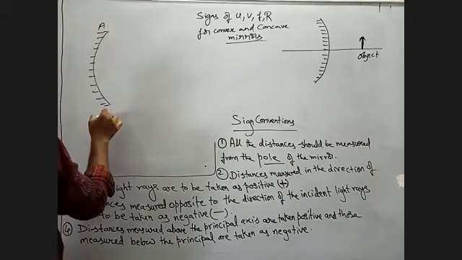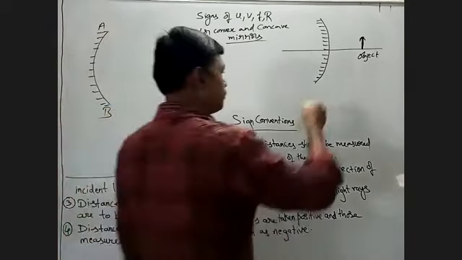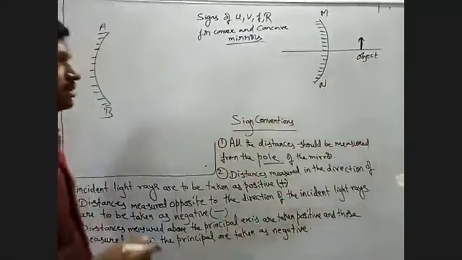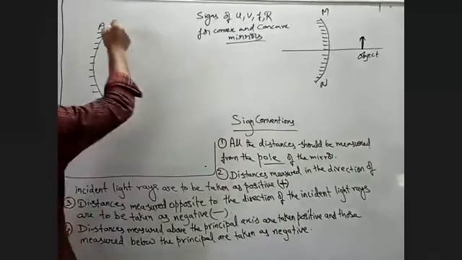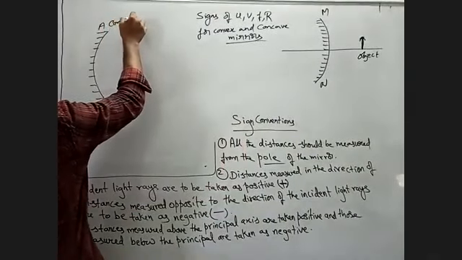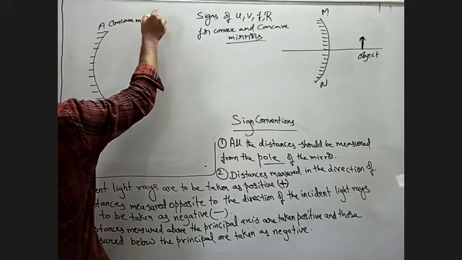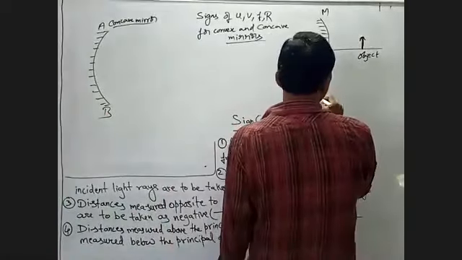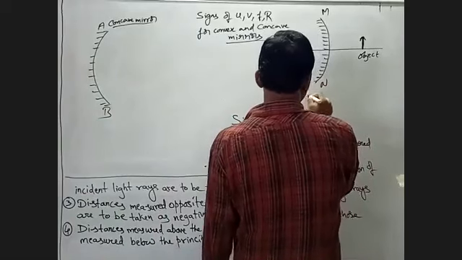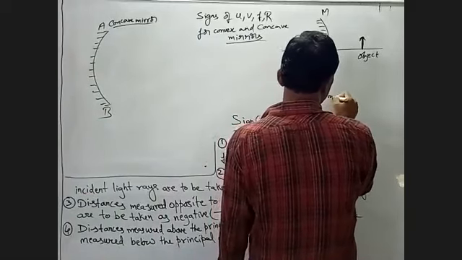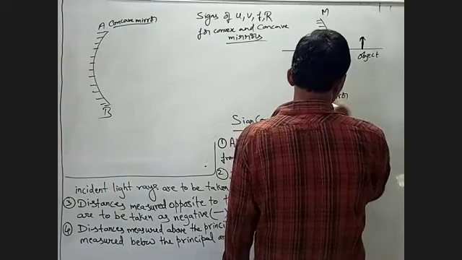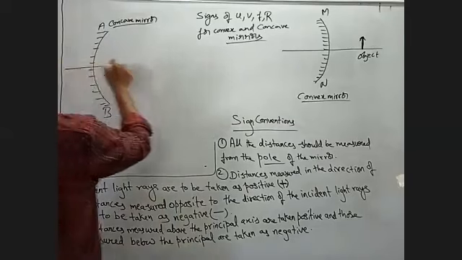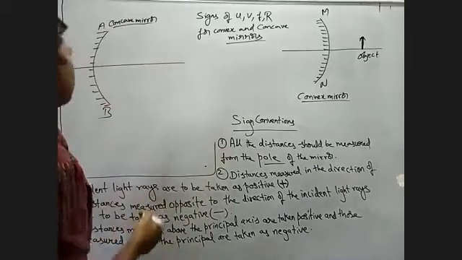The mirror AB we will name it as something like M. So mirror M. So this is concave and this is convex mirror. And this is your convex mirror. Okay, let us try it, except in one case.